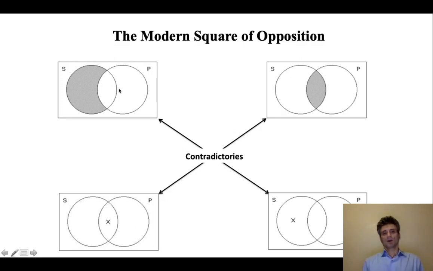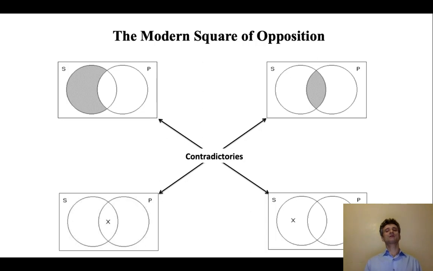Now, why is the modern square of opposition bare bone like this? Because think about this. Once I remove the existential assumption, once I remove my commitment to the notion that the subject contains members, then all the relationships that we saw earlier, according to the traditional square of opposition, they all disappear, except for one.